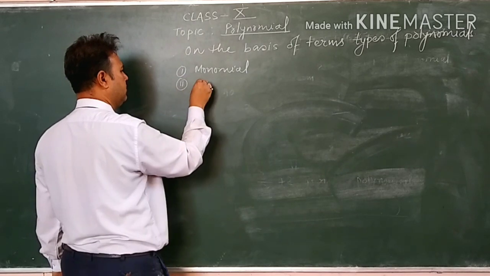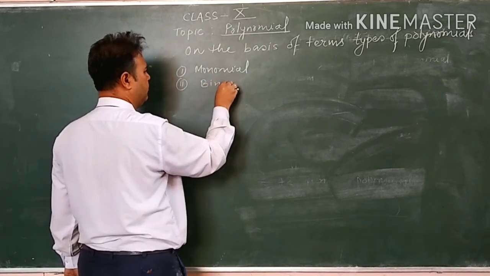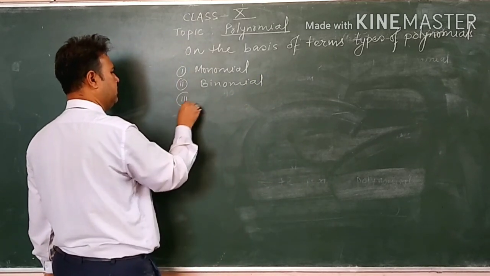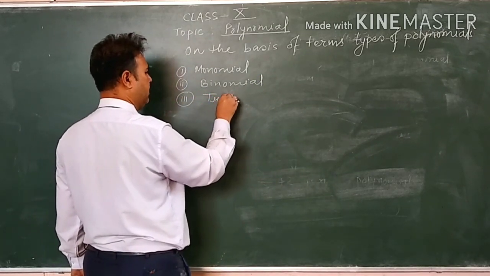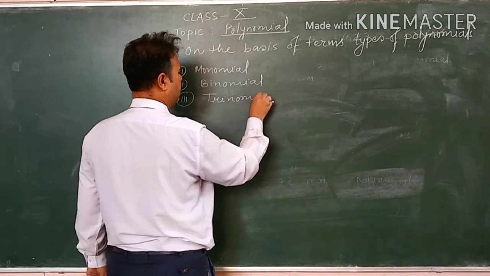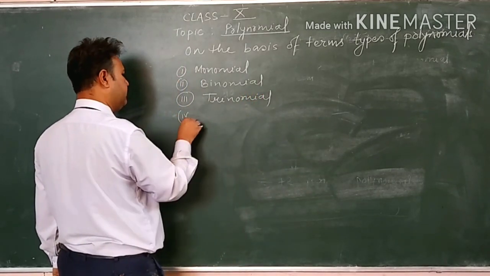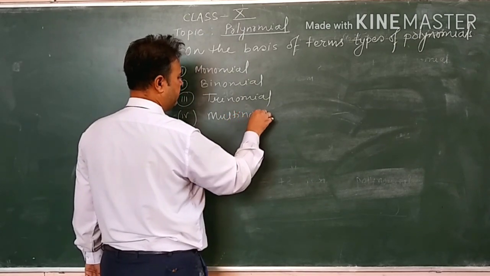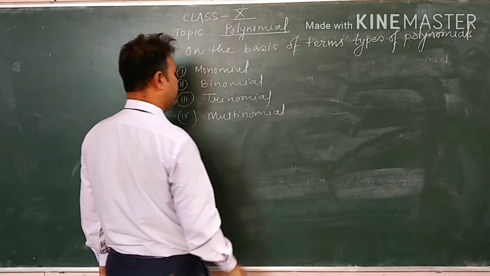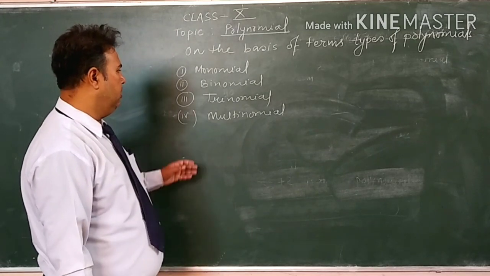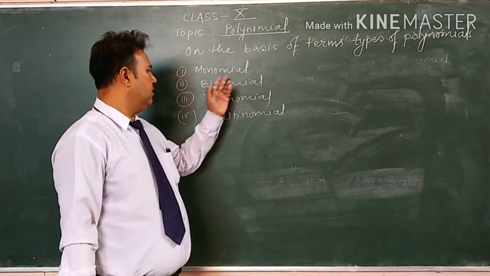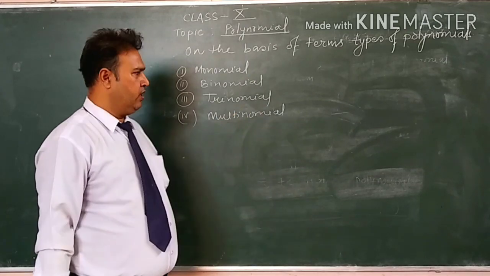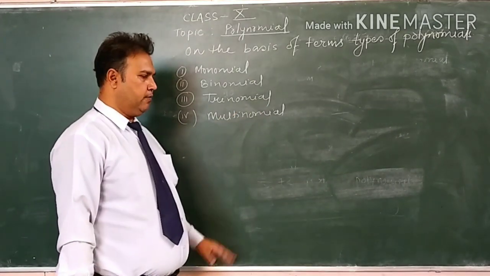Number two, binomial. Number three, trinomial. Number four, multinomial. They are monomials, binomials, trinomials, and multinomials. These are on the basis of terms.